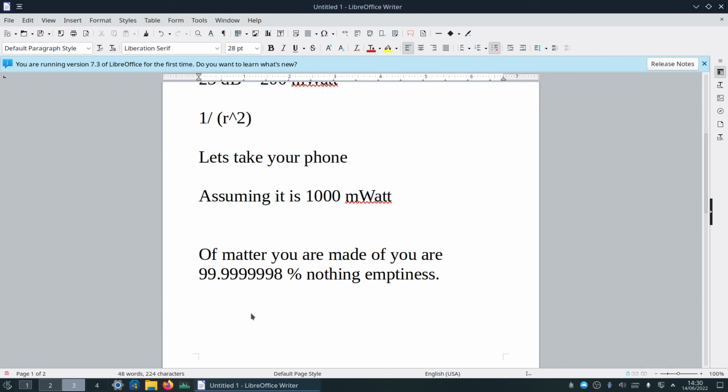Wi-Fi travels this distance because everything around you is mostly made of nothing. In essence, almost 100 percent, you are made of nothing.